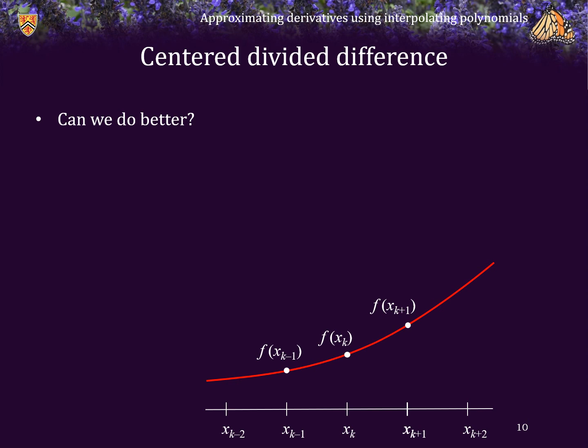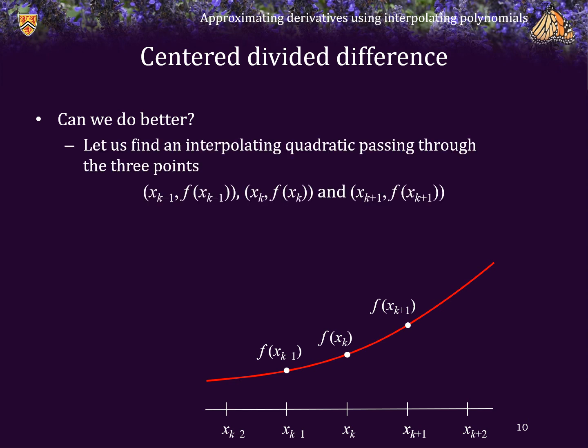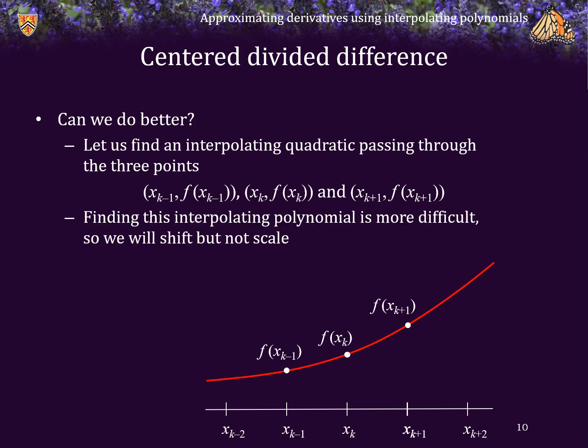Question, can we do better? Well, suppose we find an interpolating quadratic that passes through 3 points. Well, if we have a quadratic, we know how to differentiate a quadratic, and we can find out what the derivative of the quadratic is at the point x sub k.